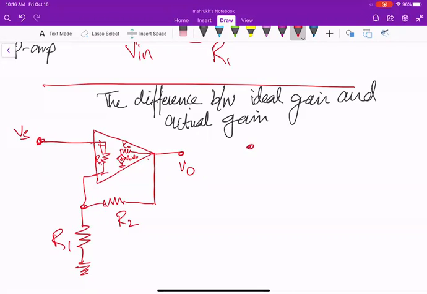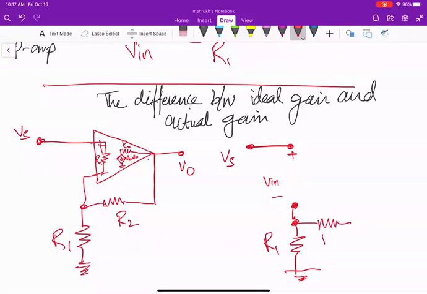So VS plus minus V in. I know that there is a resistance between it, across which the voltage drop is V in. Right now I'm not drawing it, but I know it's there. So this is R1.